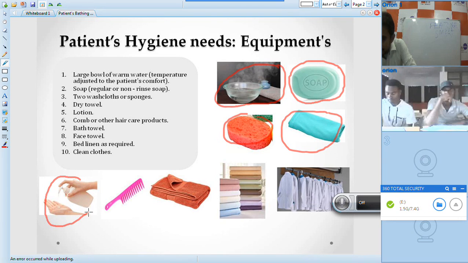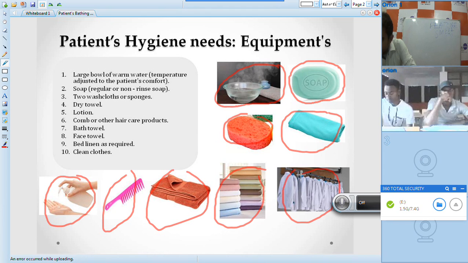This is a kind of lotion, comb, towel, clean cloths or linen. These are the various equipments which we need during the patient bathing to maintain the hygiene.